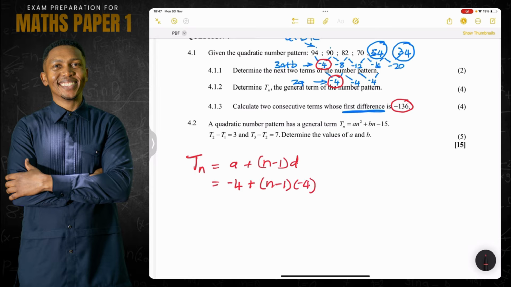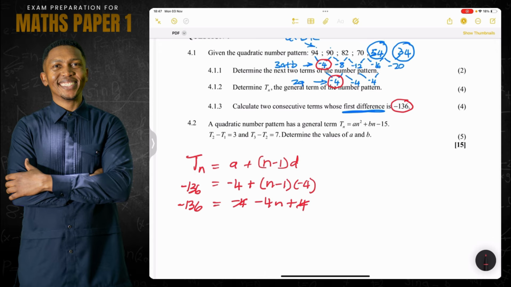But we want to know at which term we are going to get minus 136. Right, so let's do that quickly. That's going to give us minus 4n plus 4. And if I cancel those two out, that's minus 136.